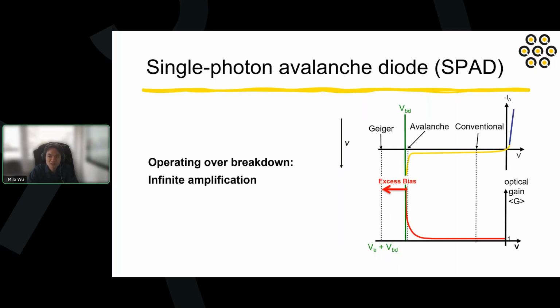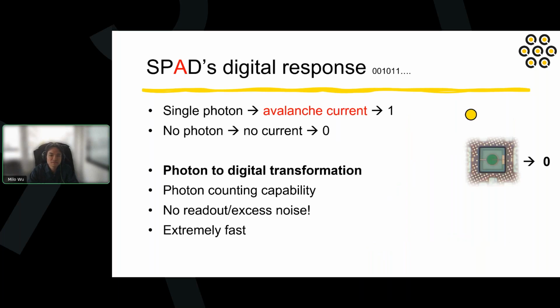A different concept that SPAD uses is that it's operating over breakdown. So when a single photon arrives, you create an avalanche current, and this creates an infinite amplification of the signal. So what this gives at the output of the SPAD is that a single photon turns into an avalanche current, which gives you a high output, which is 1.